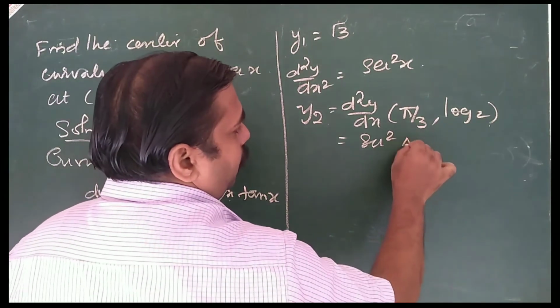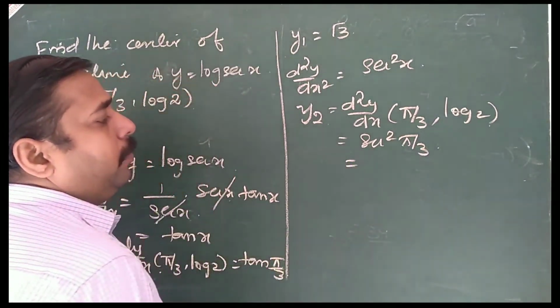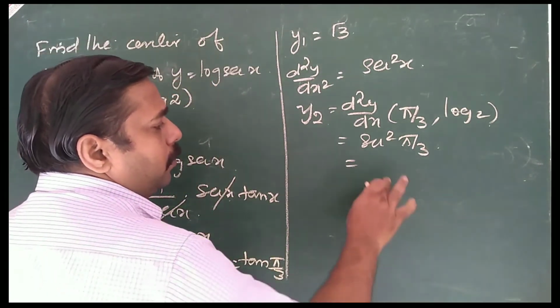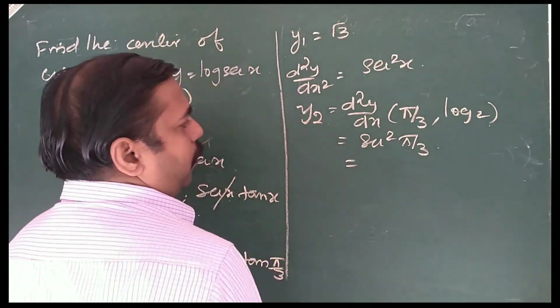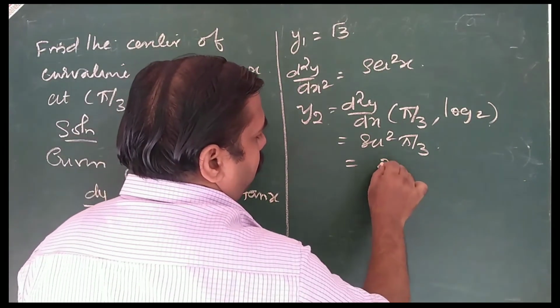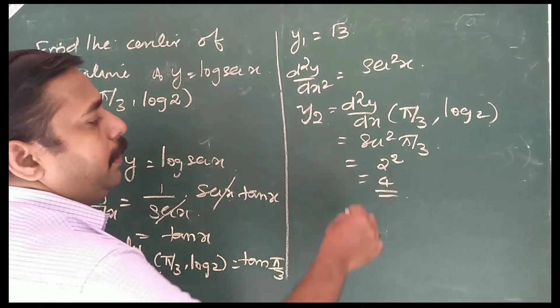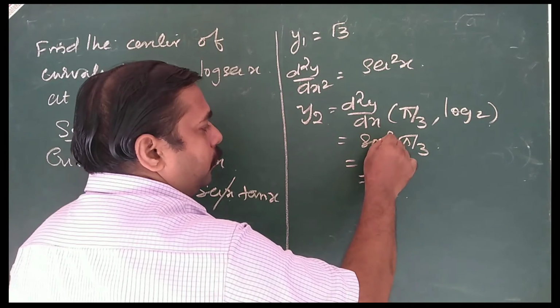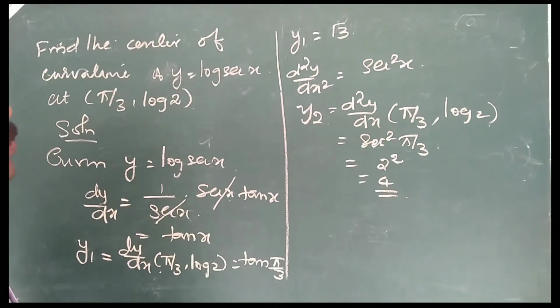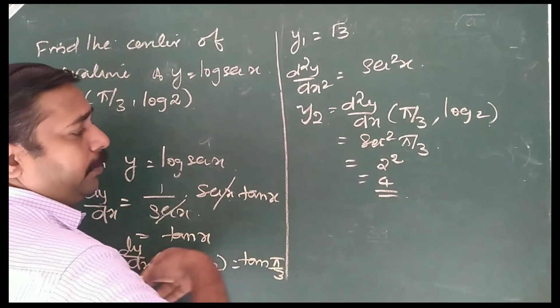That is 1 by cos 60. Cos 60 is equal to 1 by 2, so 2 square, that is equal to 4. Therefore, first we get y1, then y2.